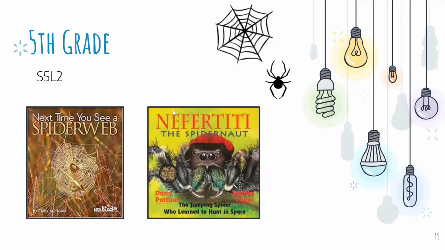These are fifth grade, and you could use these books with your inherited traits versus learned behavior standard, that's S5L2. So this book here, Next Time You See a Spider Web, talks all about spiders and the different kinds of spider webs that spiders make, or sometimes spiders don't make webs, but it talks about that.